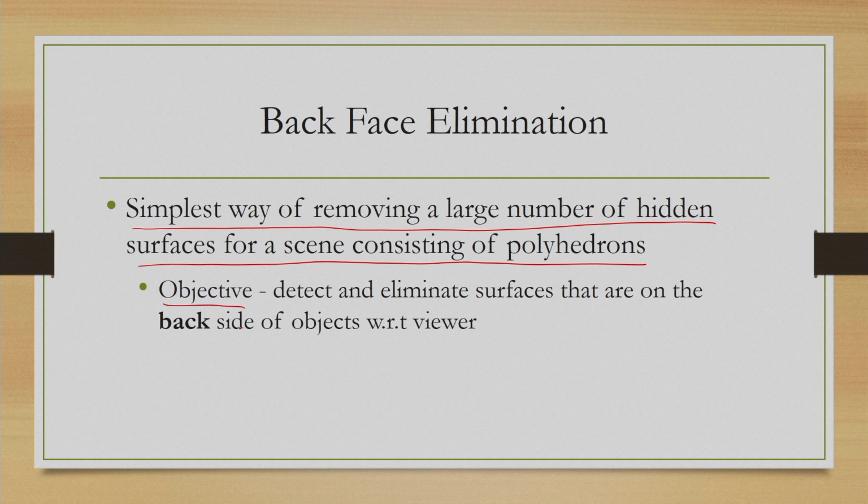The objective is to detect and eliminate surfaces that are on the back side of objects with respect to viewer. So, when a surface is on the back side of an object with respect to a particular viewer, clearly during rendering that back surface should not be shown. With backface elimination method we can detect all those back surfaces and then remove them from further consideration during rendering.